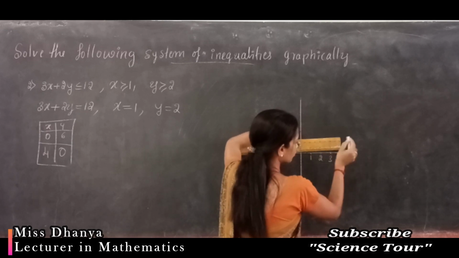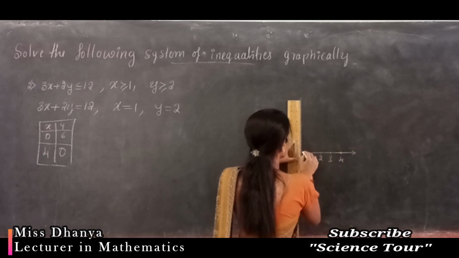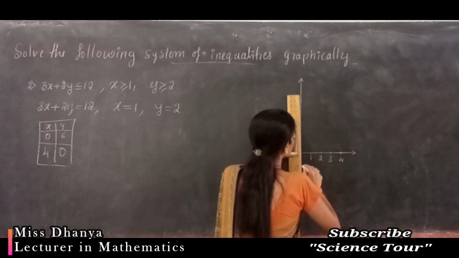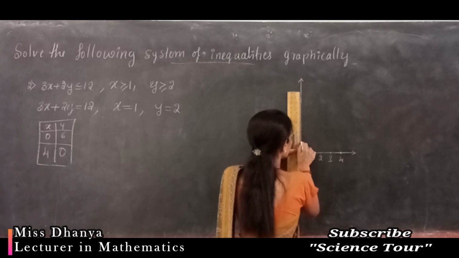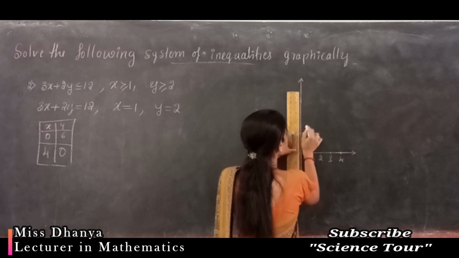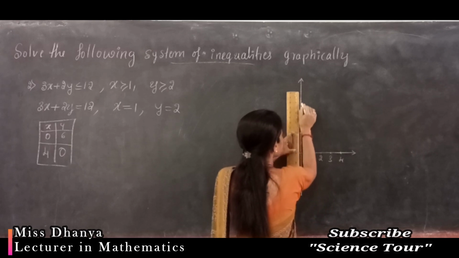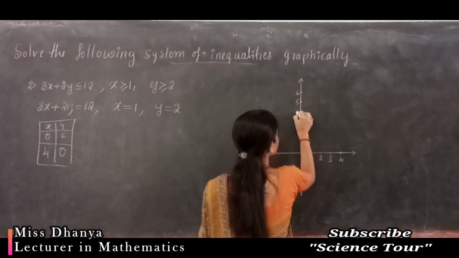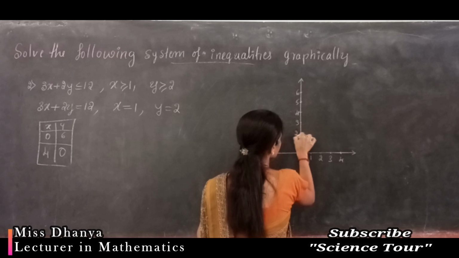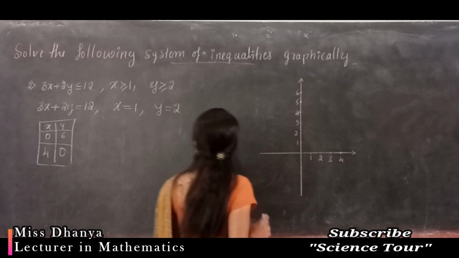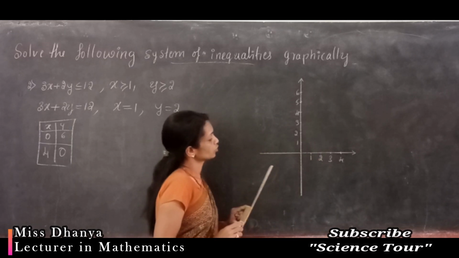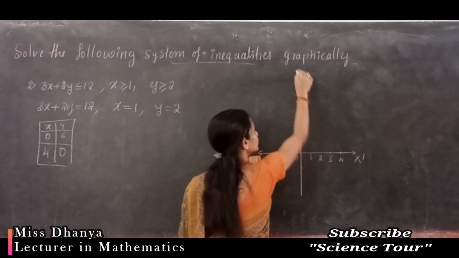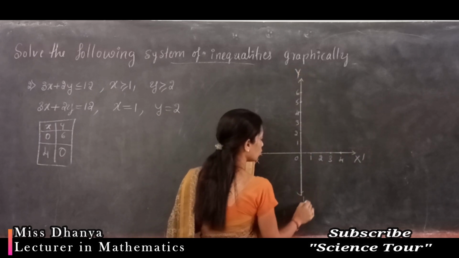So I marked only 4 points on the x-axis, and on the y-axis since you have 6 in the y column, up to 6 you have to mark. Further also you can mark, but no use now. 1, 2, 3, 4, 5, 6. Okay. This much is enough. This is x-axis, X'OX. This is y-axis, Y'OY.